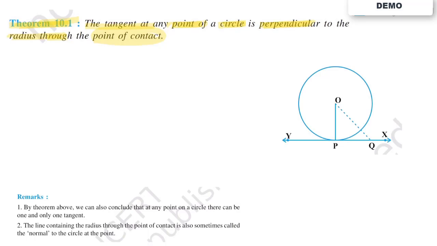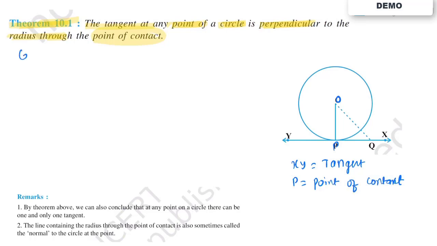So let me start the proof. Okay, so we have a circle with center O, suppose this point is P, and we have a tangent, XY is your tangent, P is your point of contact.